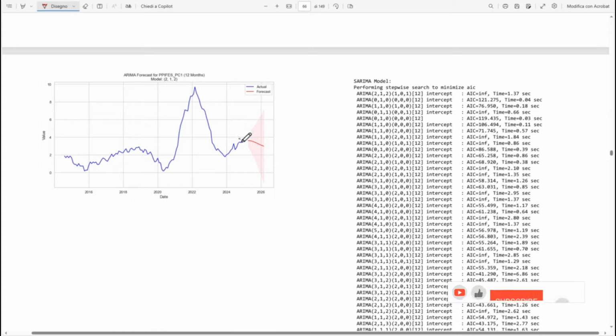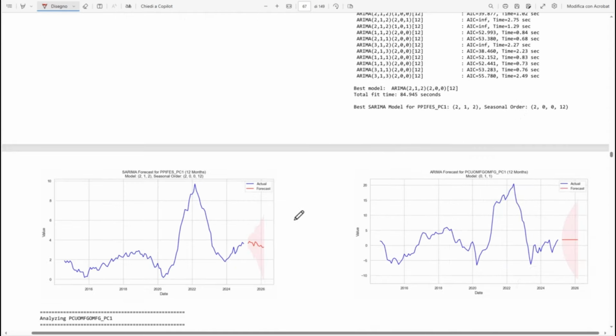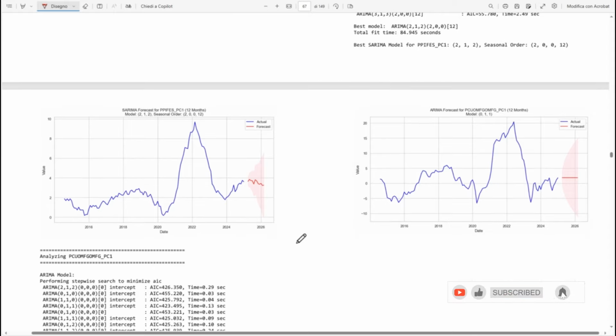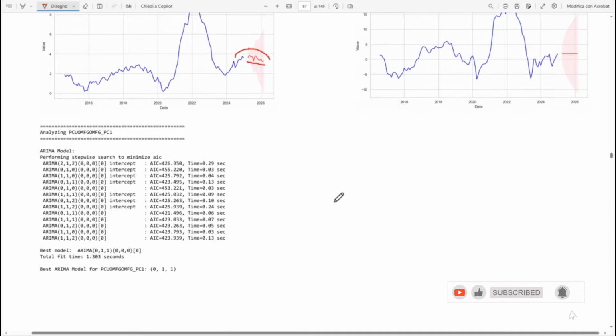So more or less the machine gives a prediction of a declining core producer price index. This is excluding a theoretical 25% tariff. Again, the seasonal ARIMA has core producer price index staying around 4%, declining to 3% in 12 months.